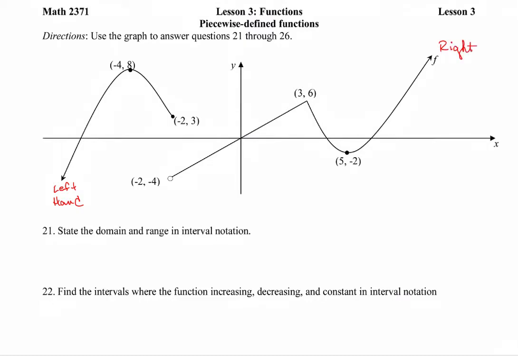To find your domain, you're going to pull these down to match and pull this up to match your x-axis. And that's going to tell your domain. If it flattens out to match your entire x-axis, then your domain is all real numbers, which this one does, because even this open circle gets filled in with this hole. All of these will fill in the x-axis.